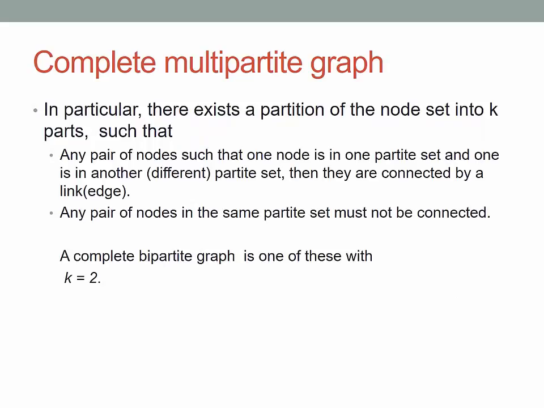So the complete multipartite graph is a graph where there is a partition of the node set into K parts, such that any pair of nodes that are in the same part of the partition are not joined. And any pair of nodes where one is in one partite set and one is in a different partite set, then they are joined. And so the complete bipartite graph is a complete multipartite graph where there are just 2 sets in the partition.